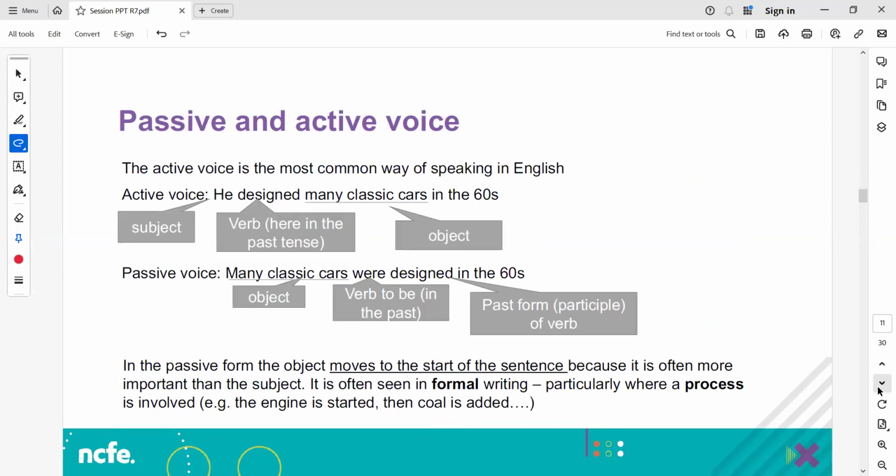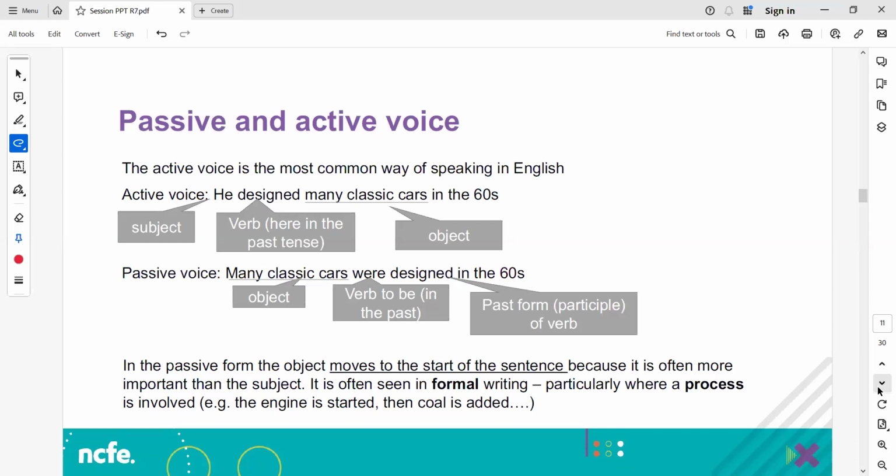Okay, so we've heard mention a couple of times already this morning of the passive and active voice. So let's have a look at that in some more detail. The active voice is the most common way of speaking in English. So the sentence given as an example here: "He designed many classic cars in the 1960s."